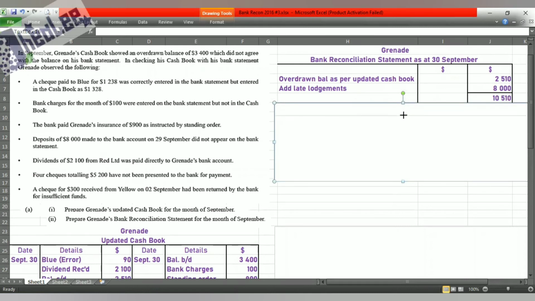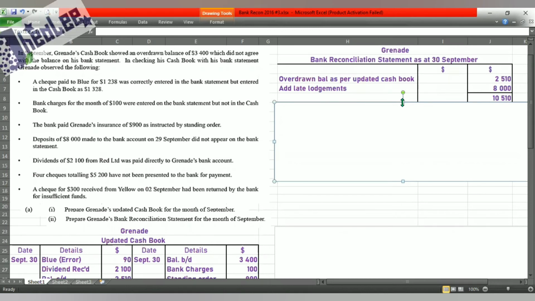With the normal format, when there is a positive balance in the cash book, meaning it's a debit balance, you would have added your unpresented checks and less your late lodgement. Because it is an overdrawn balance and you're working with positive figures, you're doing the opposite of what you would do to your late lodgement and your unpresented checks.